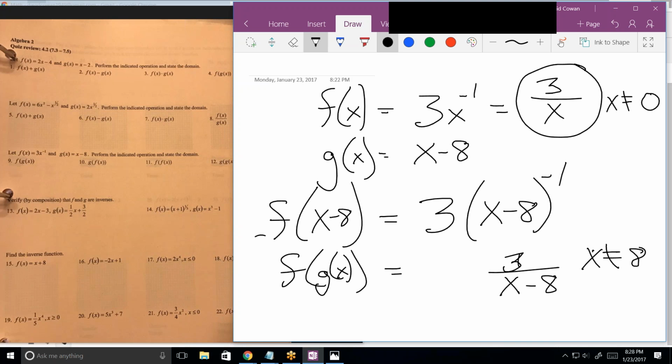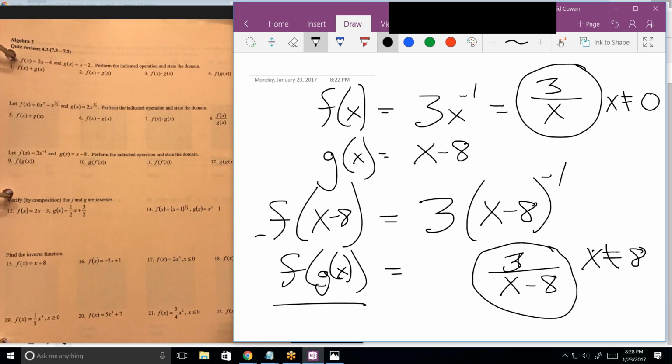That's true. But once I'm taking the composite function f of g of x, I get 3 divided by x minus 8, and clearly x cannot be equal to 8 either. So the final answer for the domain is x can be all real numbers except 0 or 8.